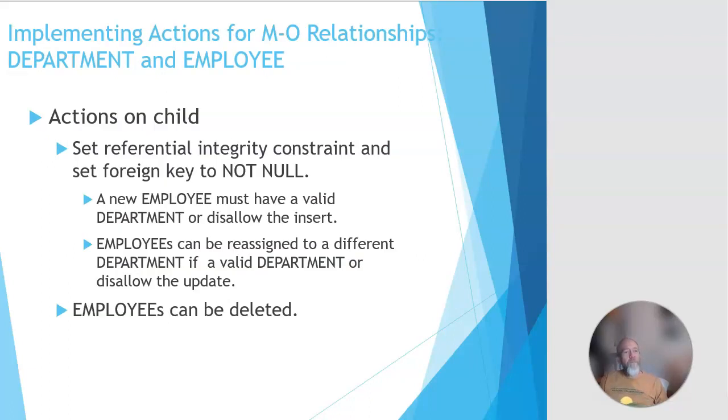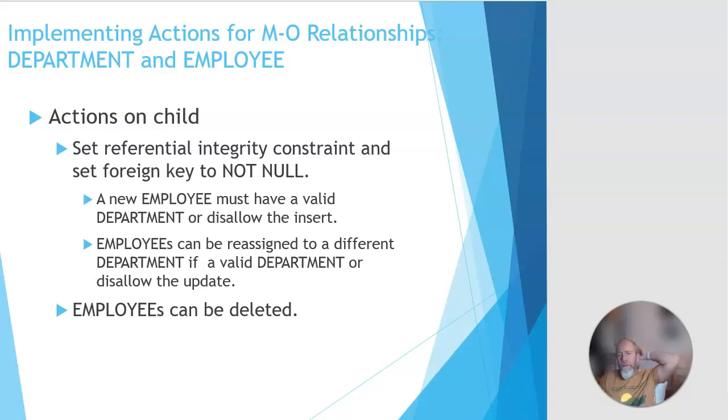So if we were to set the foreign key to not null, then the employee can't exist without a department. Now, it could be redesignated, but now you've got to throw in logic to redesignate. Well, can you?